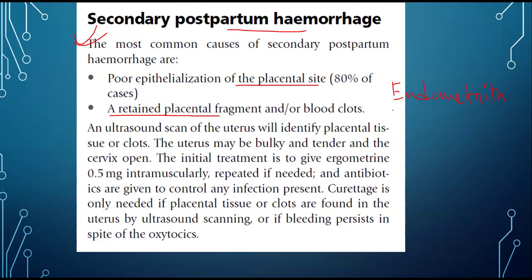Endometritis and endometriosis are different. Endometritis is infection of the inner lining, which is the endometrium. And endometriosis is different, as we have discussed in gynae. So endometritis, which is infection of the endometrium, can be another cause of secondary PPH.